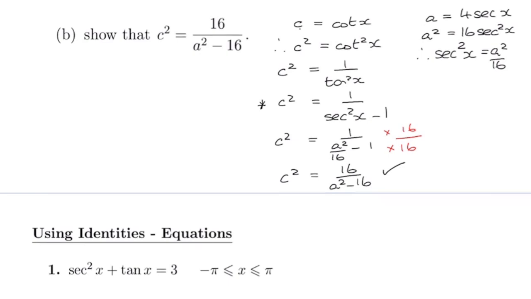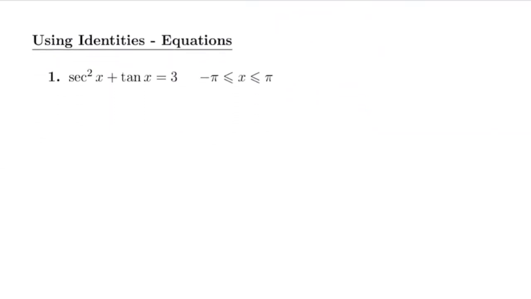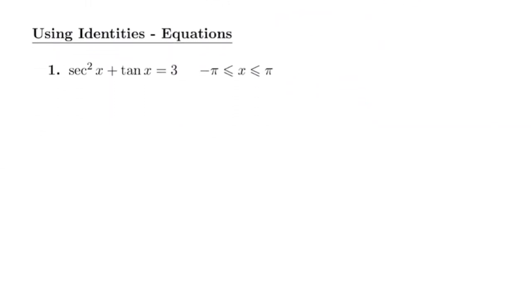Now, we can also use these identities when we are solving equations. So the first one we're going to look at is sec squared x plus tan x equals 3. And the first thing we need to look at is whether we're working in radians or degrees. You can see that we're working in radians.